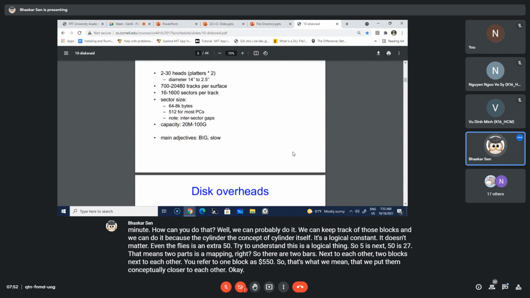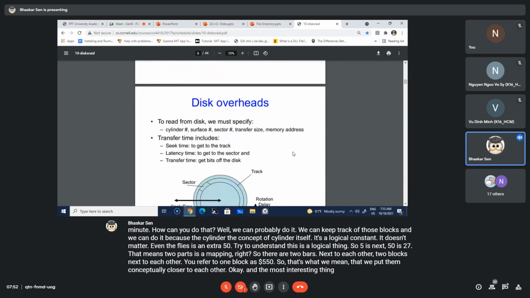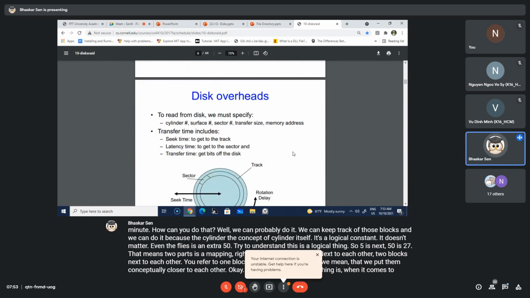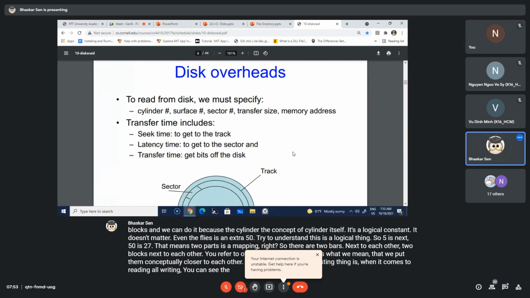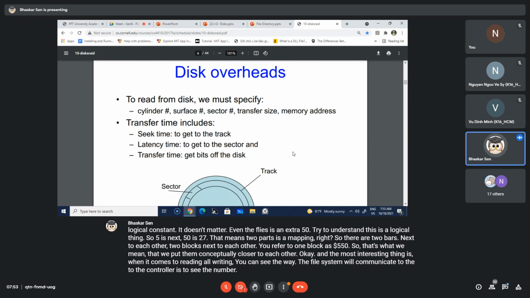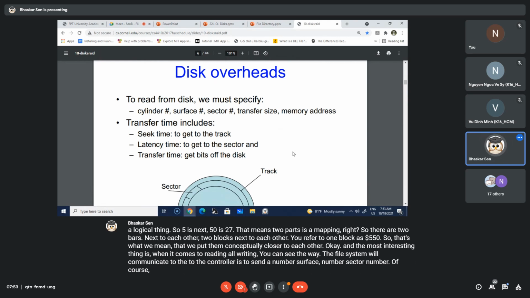And the most interesting thing is when it comes to reading or writing, the way the file system communicates to the controller is with cylinder number, surface number, sector number, of course transfer size, and memory address.